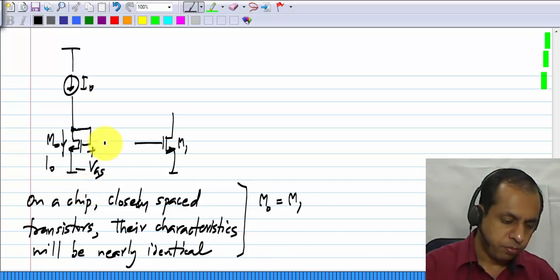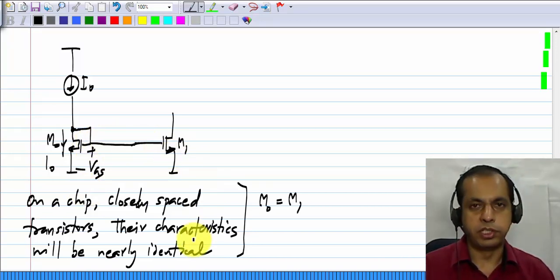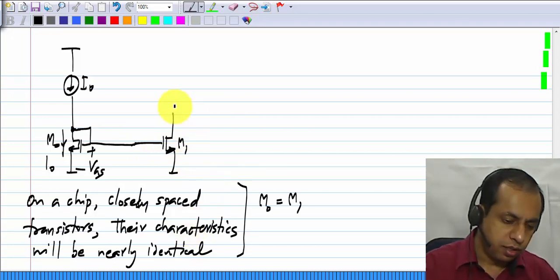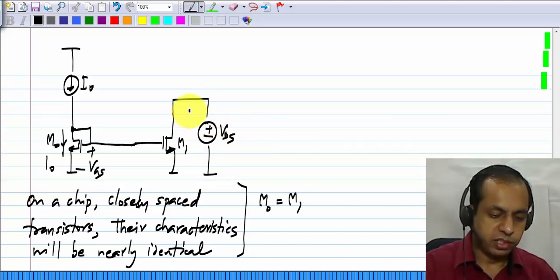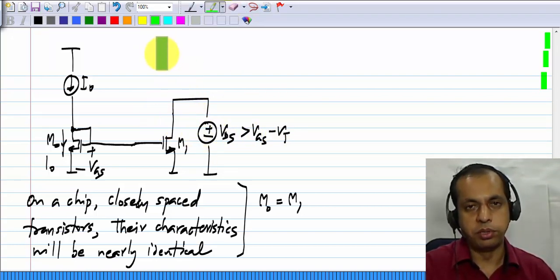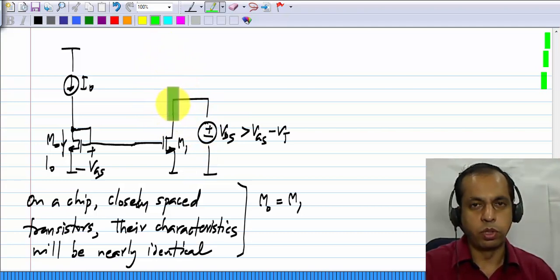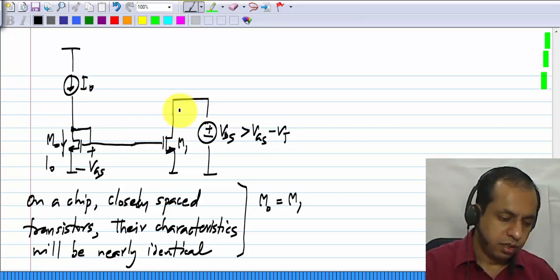In that case, if we apply this VGS to a transistor which is identical, then bias transistor M1. This is just to show that there is some VDS more than VGS minus VT. Okay, it doesn't have to be a voltage source. You could connect any other circuit to this point. Just make sure that the drain voltage is more than the gate voltage minus VT. Okay, if you do that, then the current flowing here has to be equal to I0.